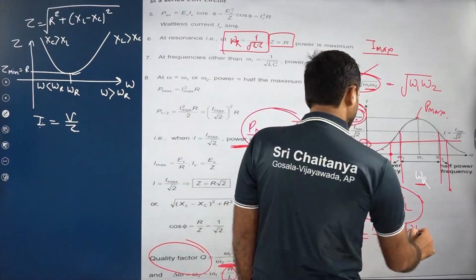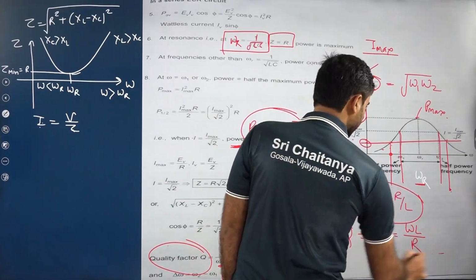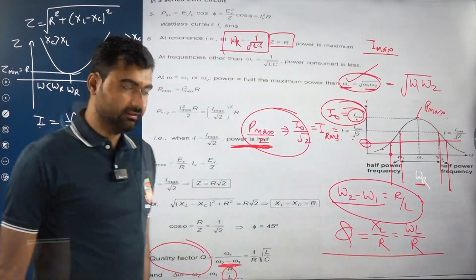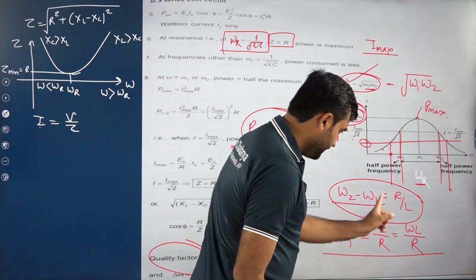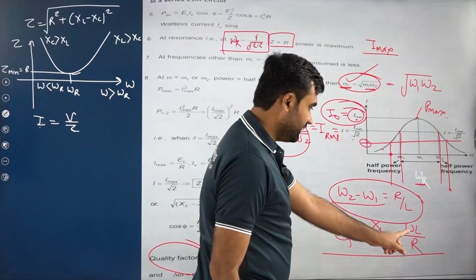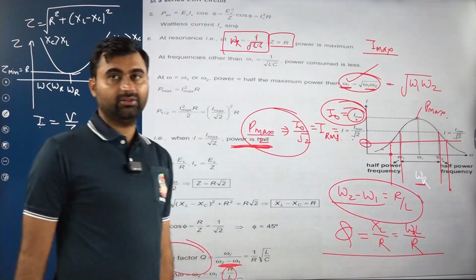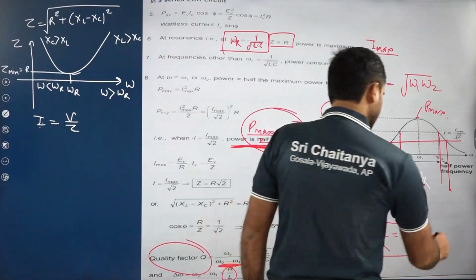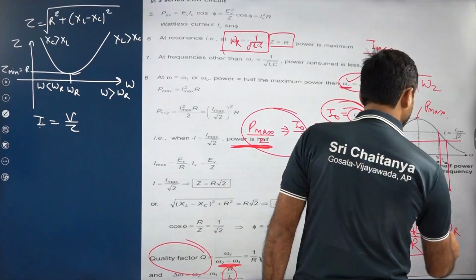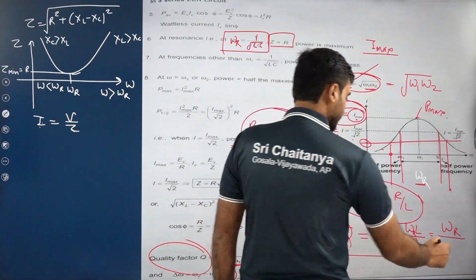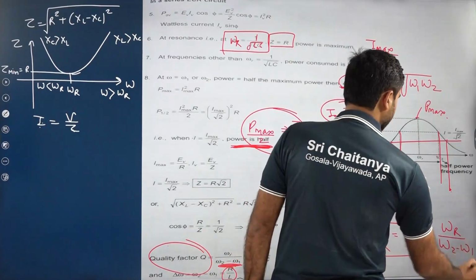XL value you know, omega L by R. This is the formula of quality factor, and we know R by L is omega 2 minus omega 1. This omega is the resonating frequency. So you can write omega resonating by R by L, which is omega 2 minus omega 1.